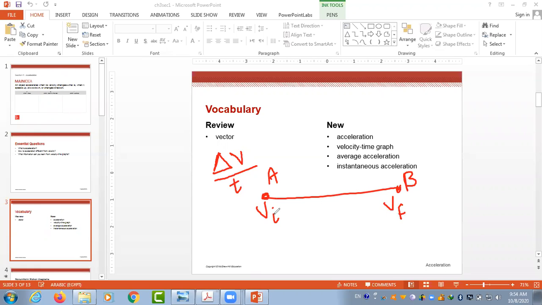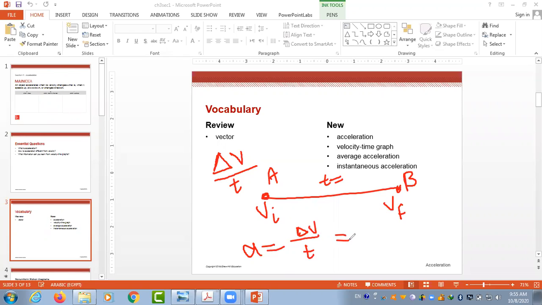So it has two velocities. During the change between these two velocities, in a certain time, we have a change in velocity over time. So we can say acceleration equals a change in velocity over time.